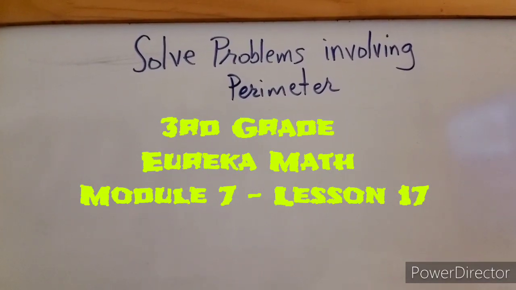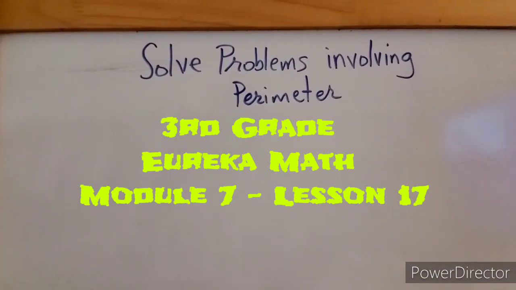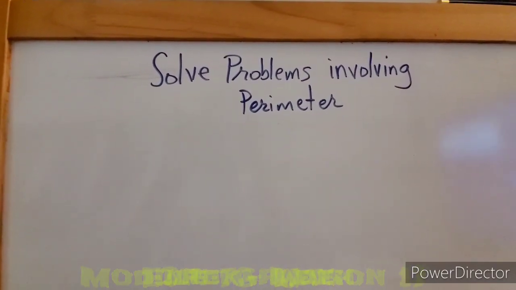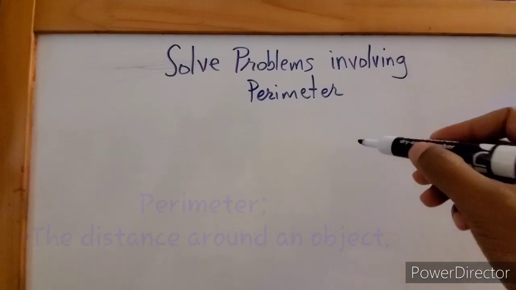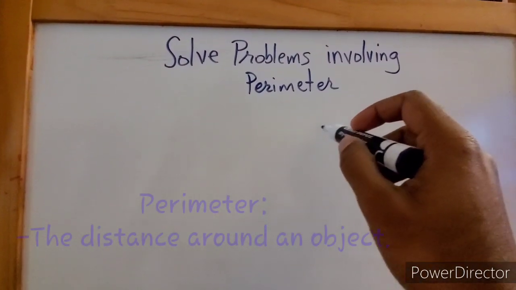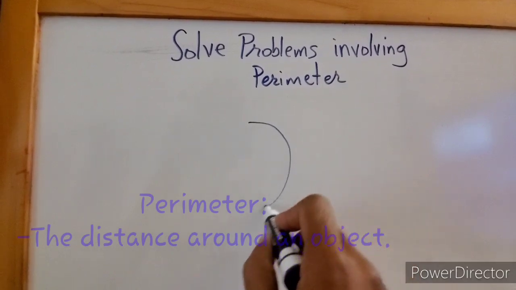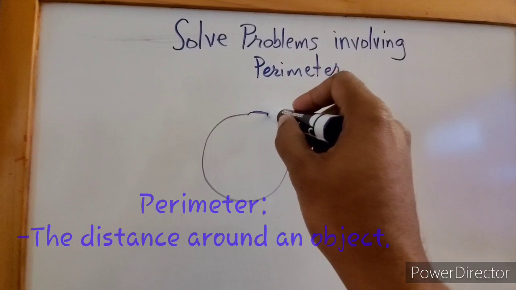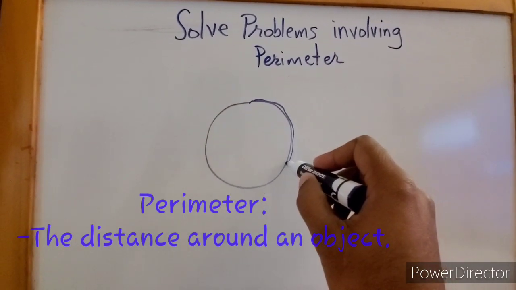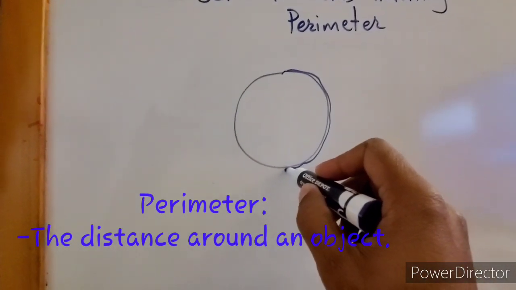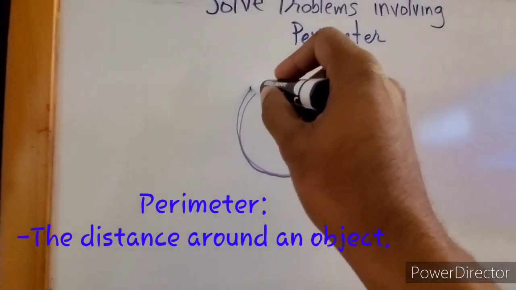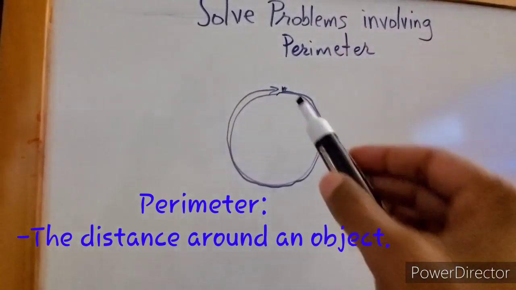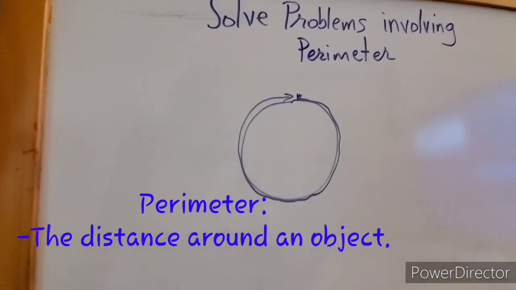Today we're going to focus on solving problems involving perimeter. Remember, in our past lessons, we said that perimeter is the distance around the object. For example, if you have a circle, the perimeter is the continuous boundary, or the line that goes all the way around the circle, from the beginning point until you go all the way around to the end of that point.